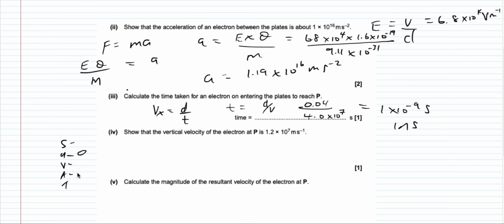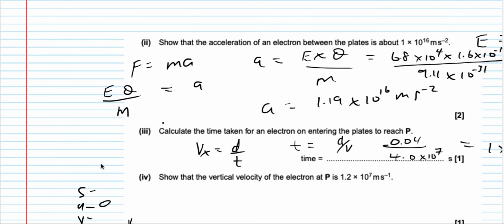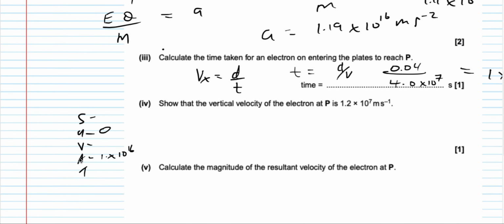We know what the acceleration is based on the question above, 1 times 10 to the power of 16. And at least we know what the time is at that point. Time is an independent variable, so that won't change. So that's 1 times 10 to the power of minus 9 seconds. So we have a bit of information that we know.